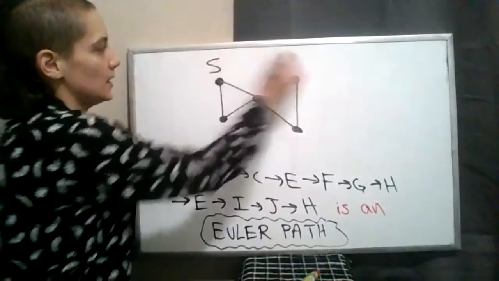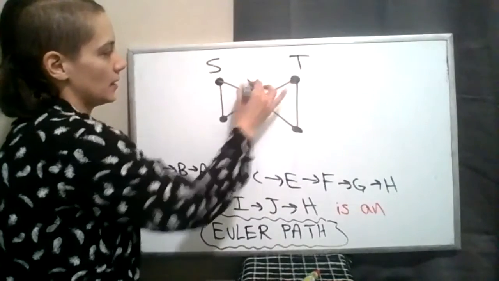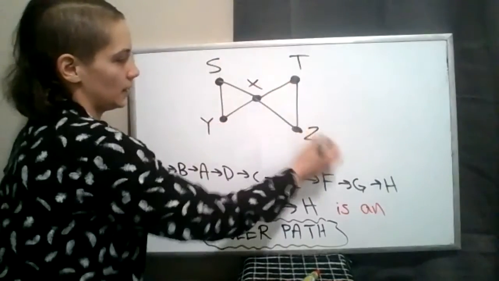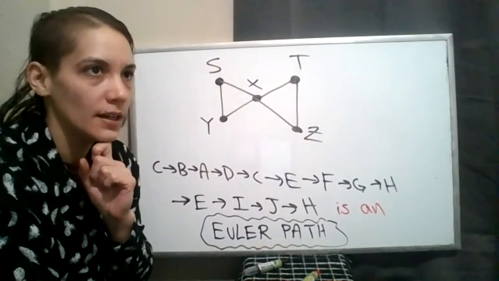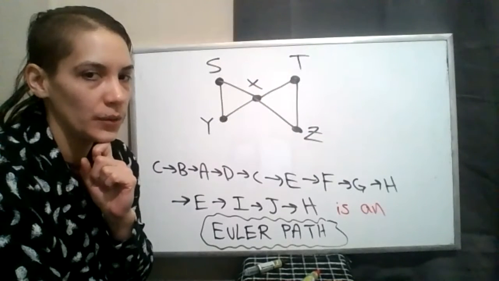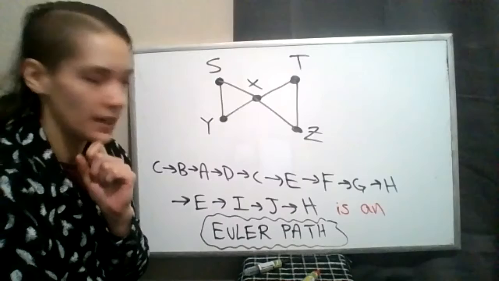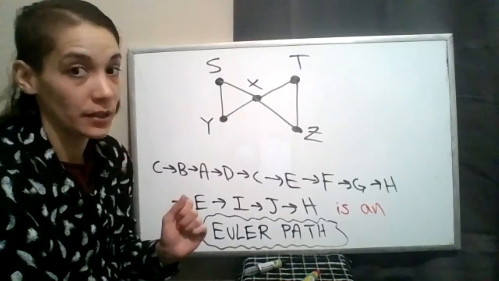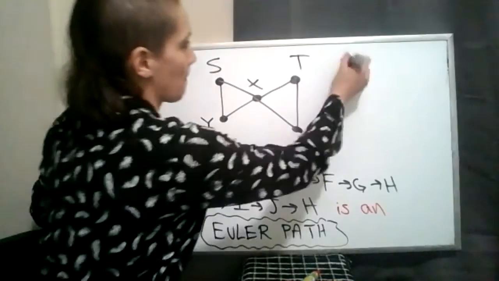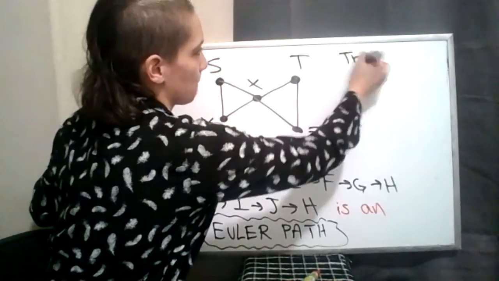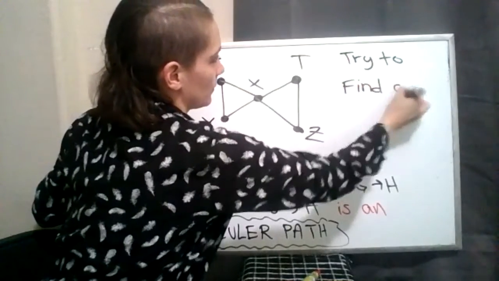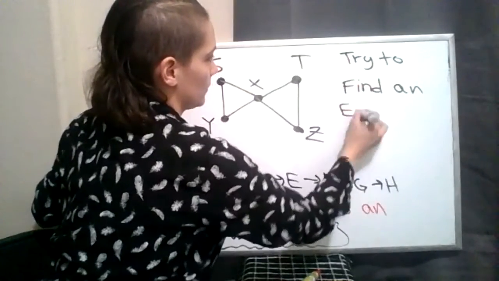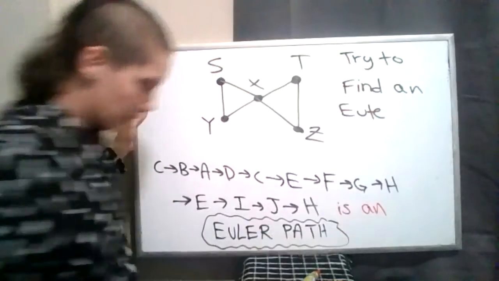S, T, X, Y. Can we find an Euler circuit? Or try to find an example of an Euler circuit.